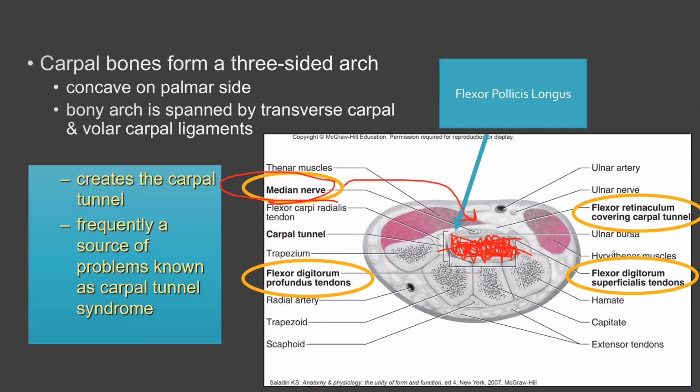Whenever you put pressure on this, and the way that this is being shown is that you are in an anatomical position here. So your carpal tunnel is in front of, or I guess kind of anterior to, your carpal bones.